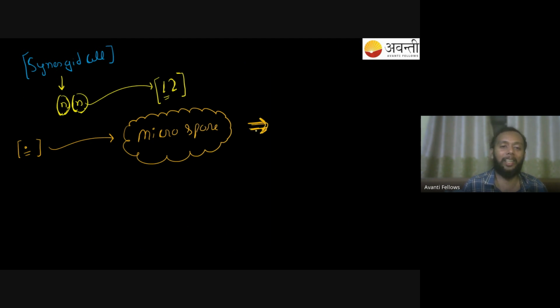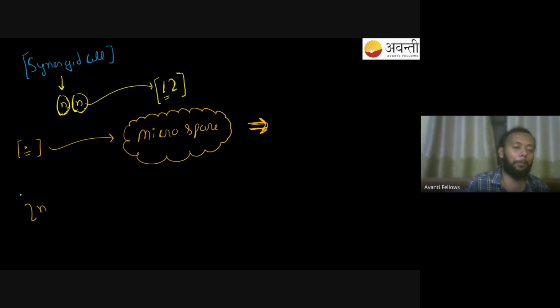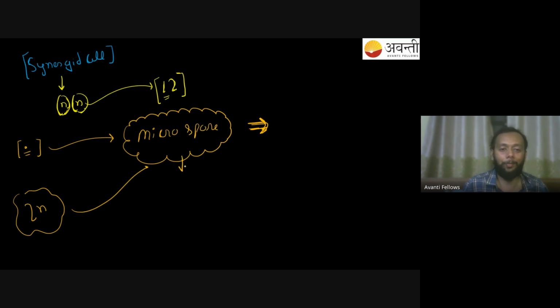Again, आप लोग चुप हो गए. Microspore, you know how it has been formed. It is going to be again a haploid structure, 12 only. You have a diploid microspore mother cell. It will undergo meiosis and give rise to the microspores. And microspores are also going to be haploid. If a microspore is haploid, it is going to be 12 over here.